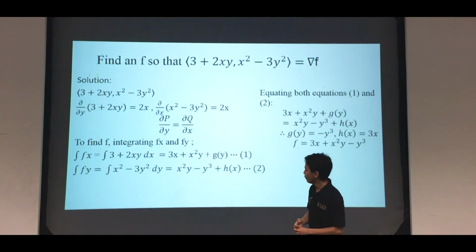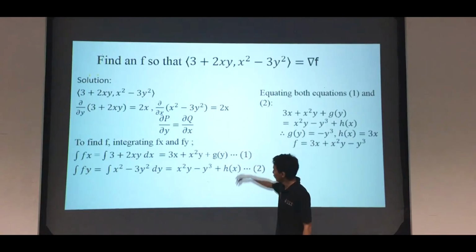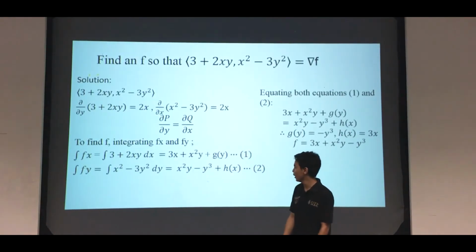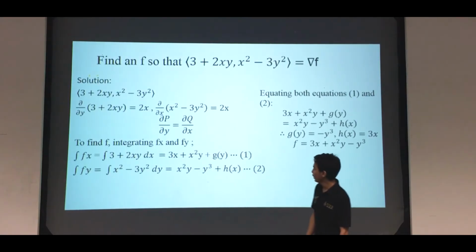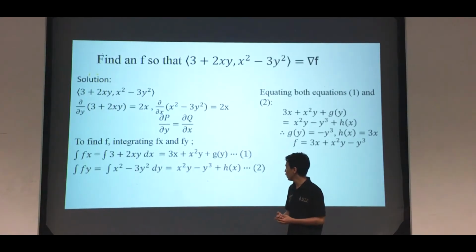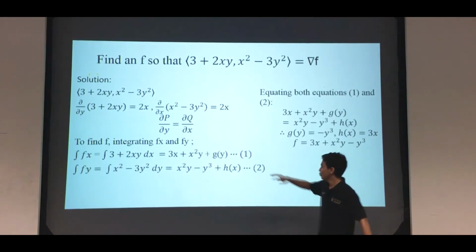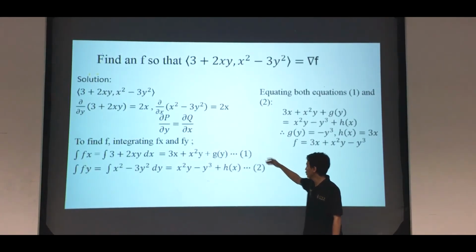So when we integrate fx, we'll get this answer, 3x plus x squared y plus constant function g(y), and when we integrate fy, we will get x squared y minus y cubed plus constant function h(x). Make both equations equation 1 and equation 2.